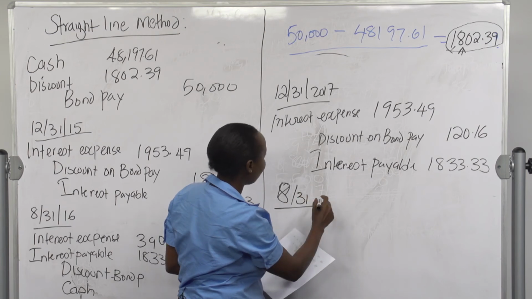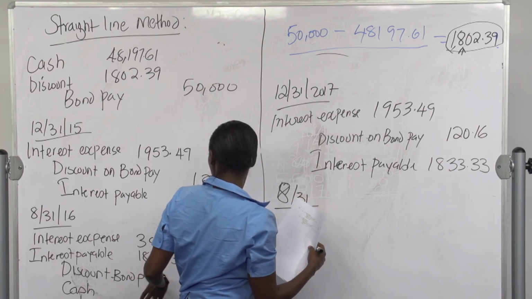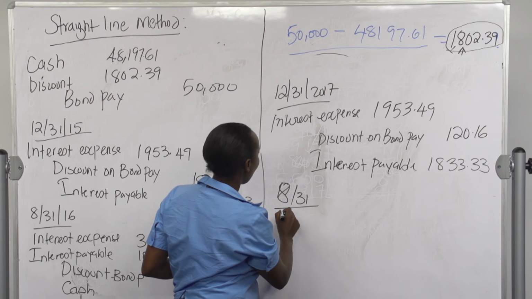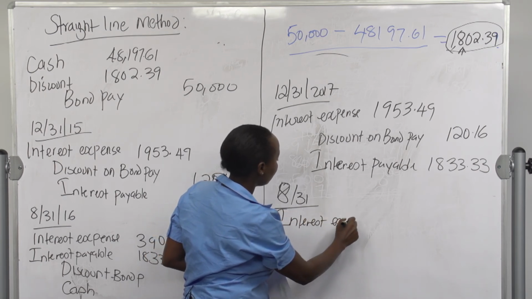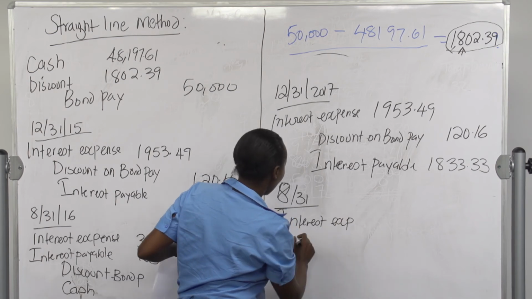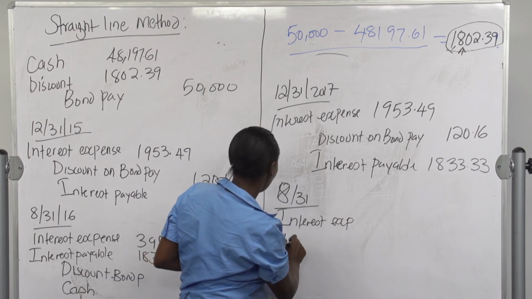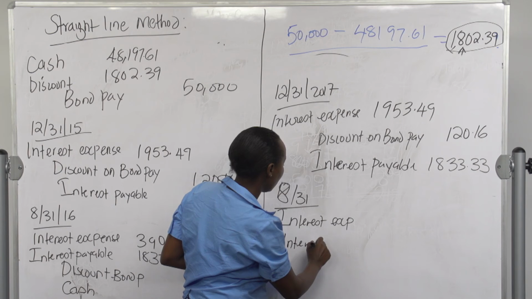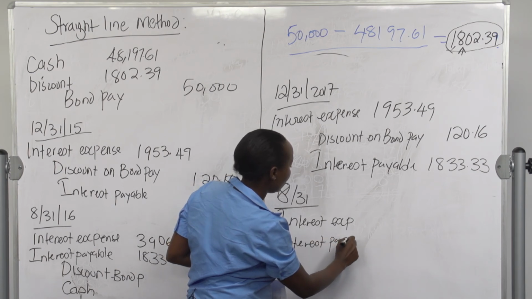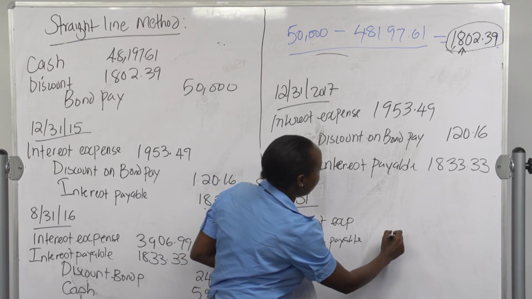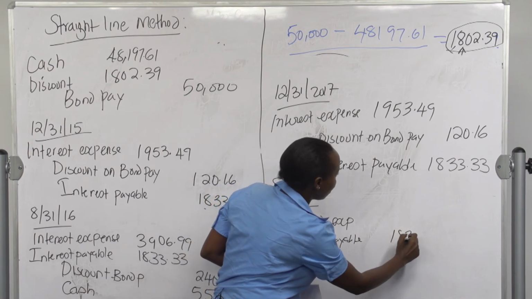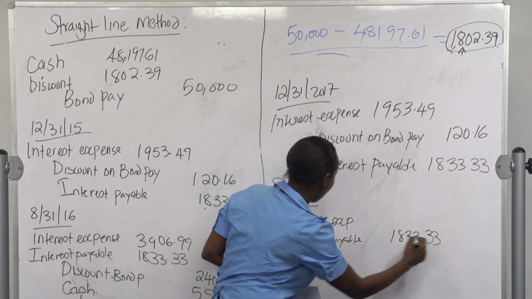Come August 31st, we have another accrual which is similar to this. Again, we're going to have interest expense, which is exactly that, a derived number. We settle the interest payable from December, for $1,833.33.